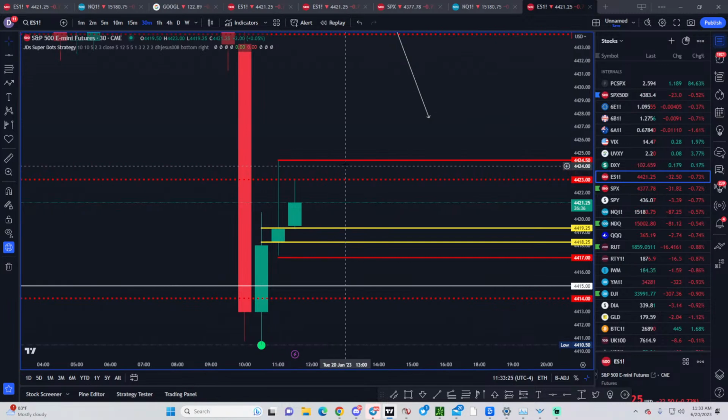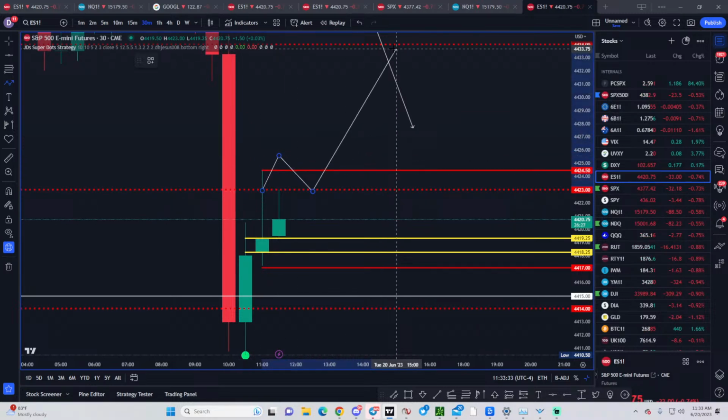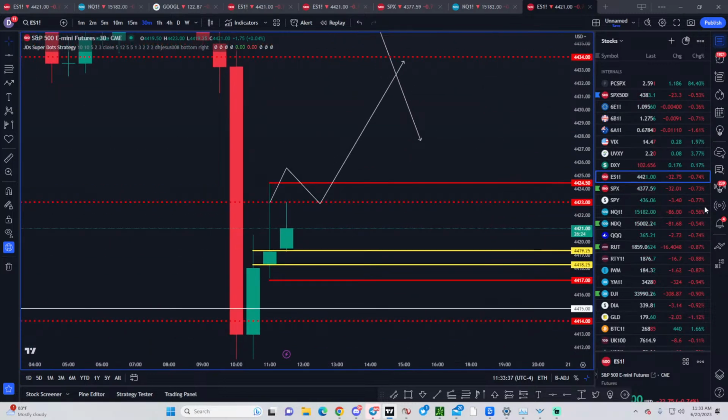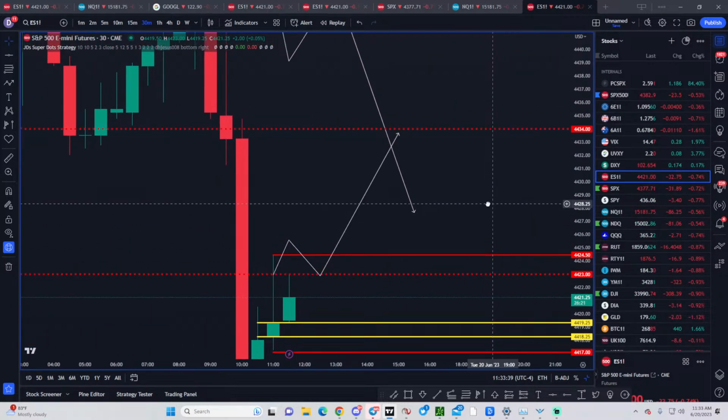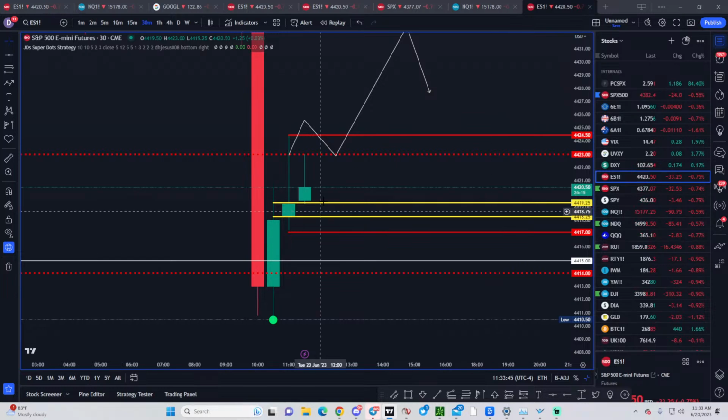So breaking above this line, you're looking for the same thing that we talked about before. You're looking for this to take place. And that should be the next target right up here, 34. It doesn't have to hit it, but ideally that's the next target up there. So that is what level to level trading means.